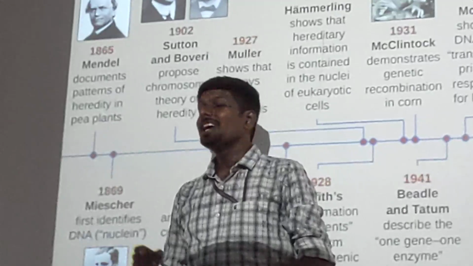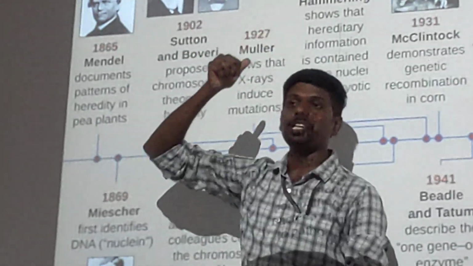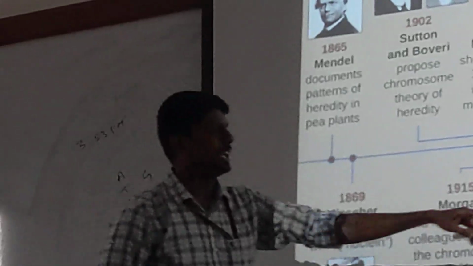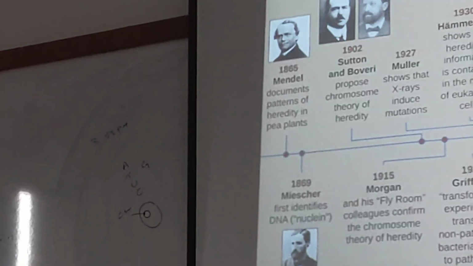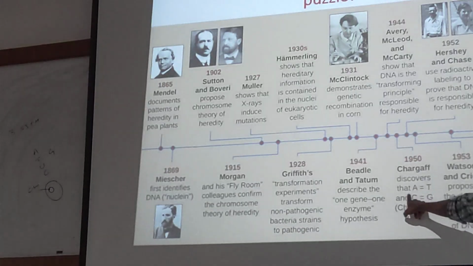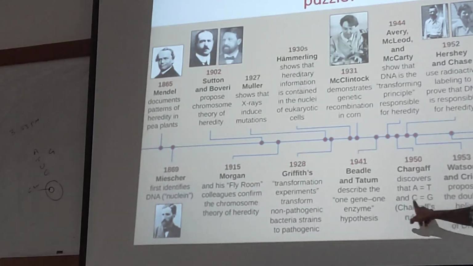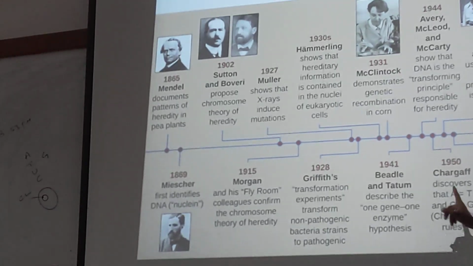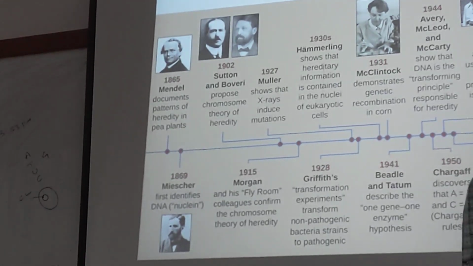Then there came a very interesting scientist, his name is Chargaff. Where is Chargaff in this? Yes, here. Chargaff said a very interesting thing. What he observed was that the number of adenines is equal to thymine, and the number of cytosines is equal to guanine. And he was surprised.